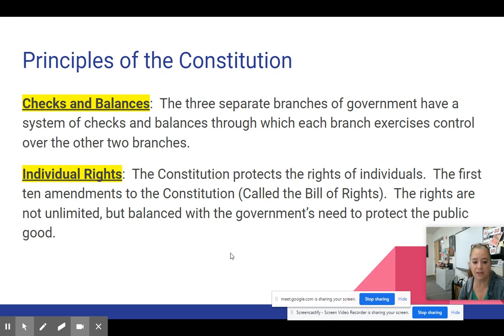And then the final part of the Constitution is that we have individual rights as individual human beings living in America. And the first 10 amendments to the Constitution, called the Bill of Rights, are probably the ones that you're most familiar with. And then there are 27 total amendments that protected the rights of the people after that.